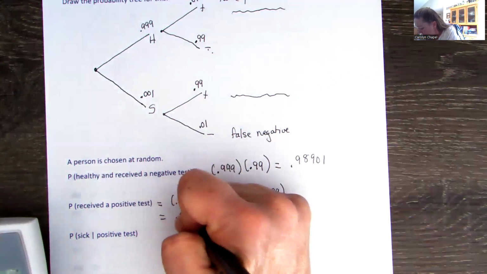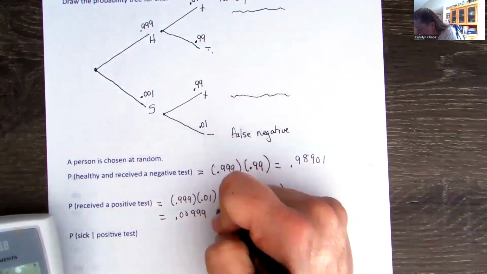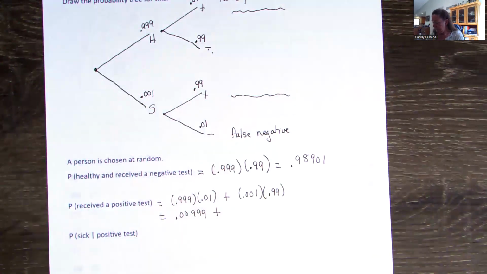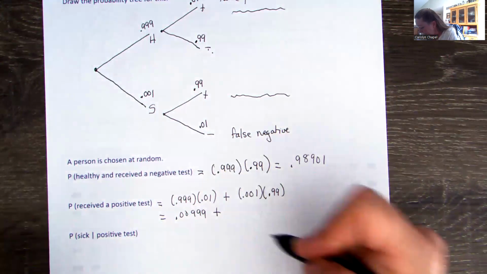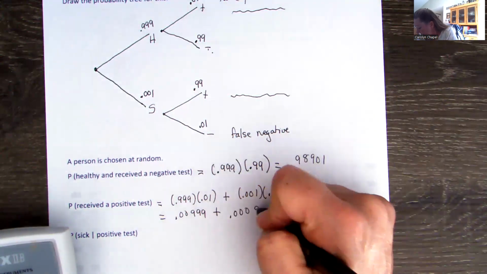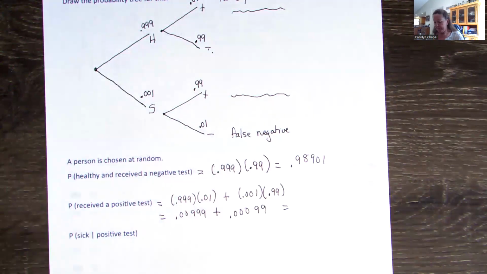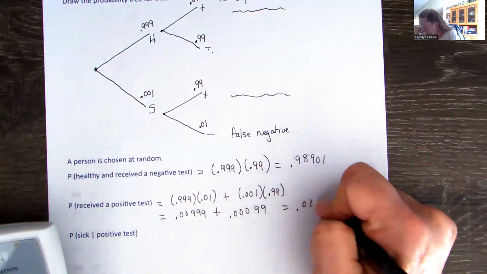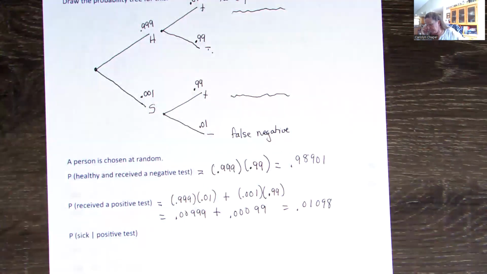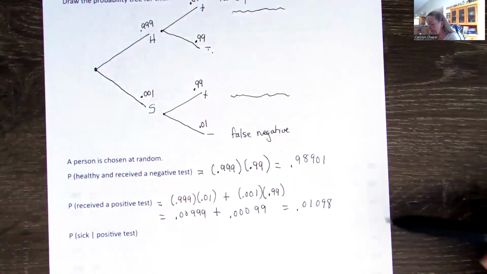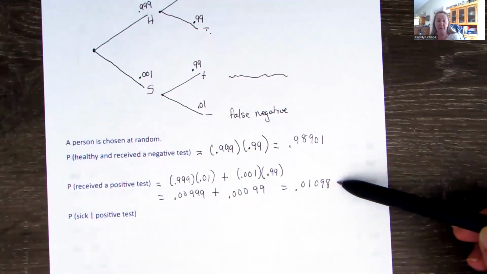I'm going to add these up here, 0.00999, adding that to 0.00099. This gives me 0.01098. Okay, so no matter if you're healthy or sick, you go in. The probability that the test is going to come back positive is this little bit. So roughly 1 out of 100 that you get a positive test.